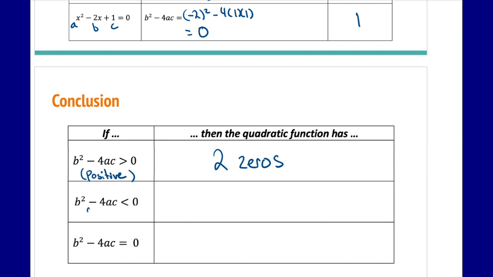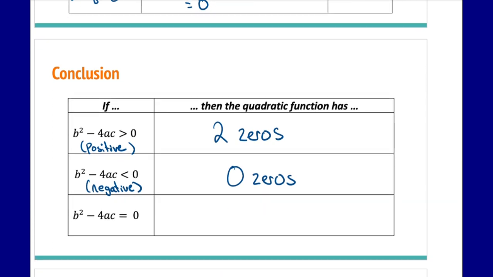If the discriminant is less than 0, or negative, then we have 0 zeros, because that goes back to the scenario where we can't square root a negative value. And if the discriminant equals 0 itself, we have 1 zero, or 1 x-intercept.